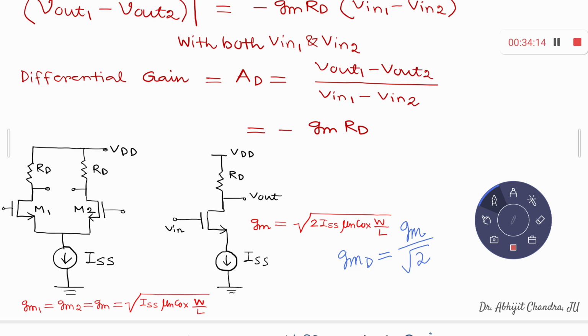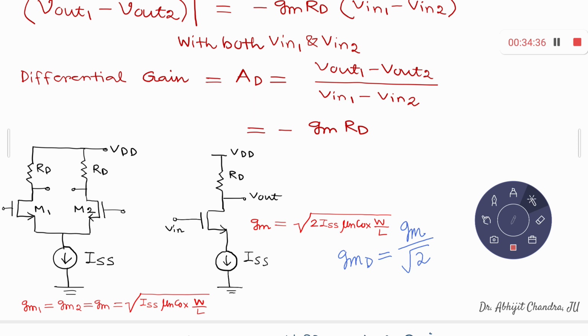Suppose you have this particular circuit, and you would like to make it a differential pair by adding another MOS and another resistance like this, and connect it. As soon as you connect, the GM value drops. You will not be getting the same gain.